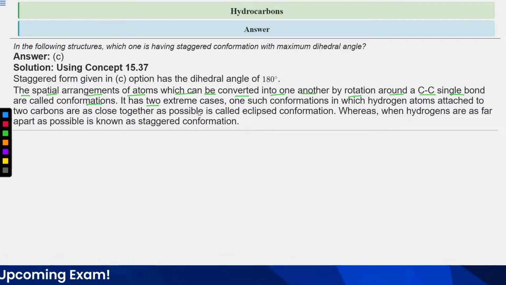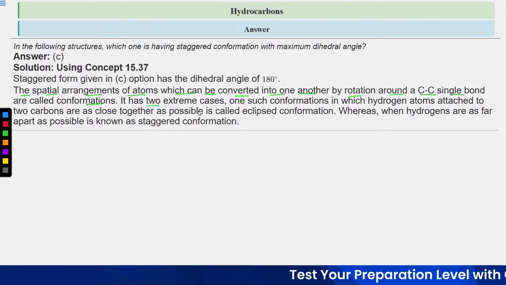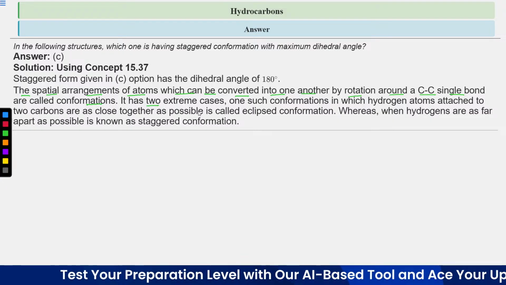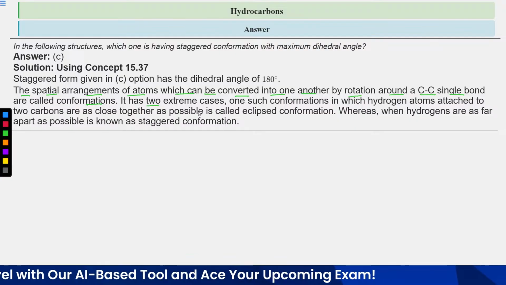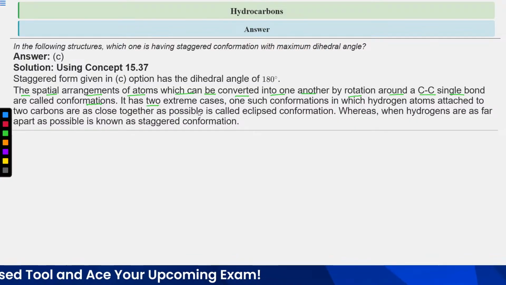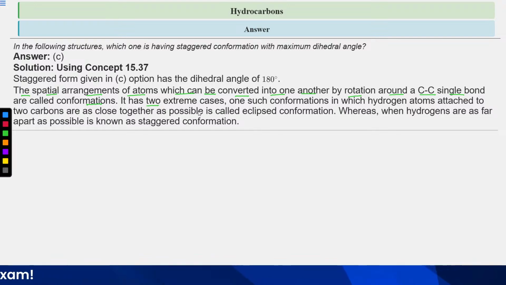How the atoms are arranged in space, which can be converted into one another, so they are interconvertible, by rotation around a C-C single bond, are called conformations in the Newman formulas, right? So it has two extreme cases.